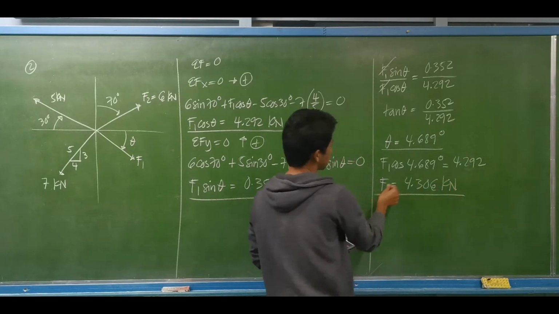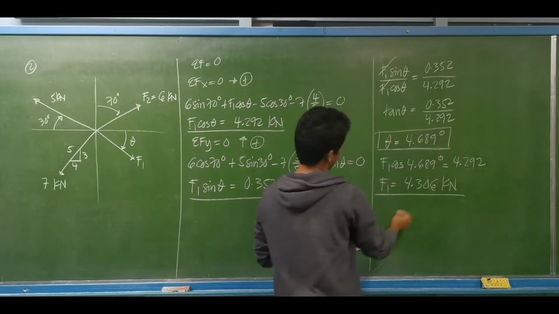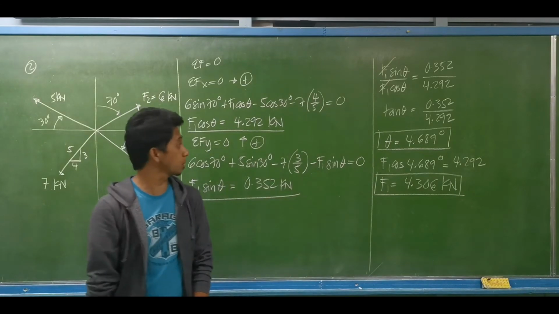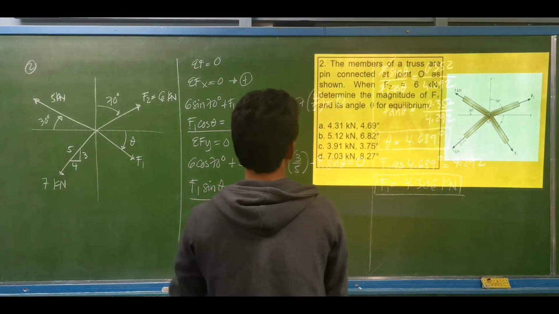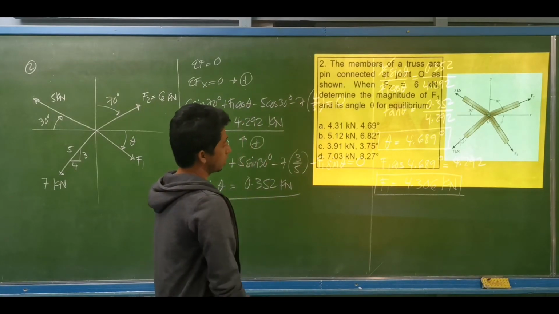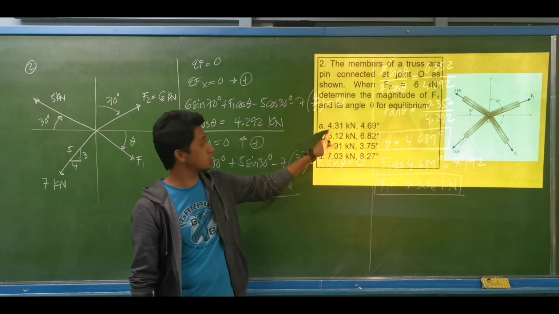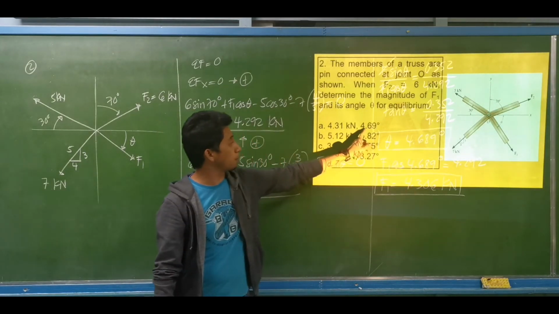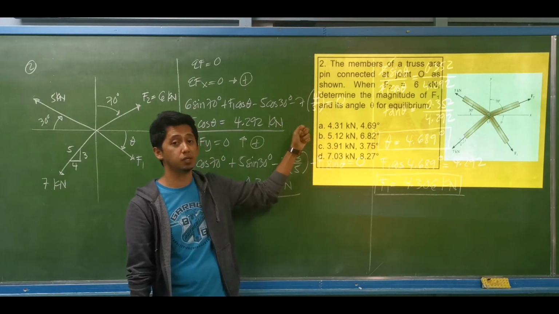So this will be our answers: the angle theta, 4.689 degrees, and F sub 1 is equal to 4.306 kilonewtons. So let us check on our choices. We have 4.306 or 4.31 kilonewtons, and the angle is 4.689 or 4.69 on our choices. So our answer will be letter A.